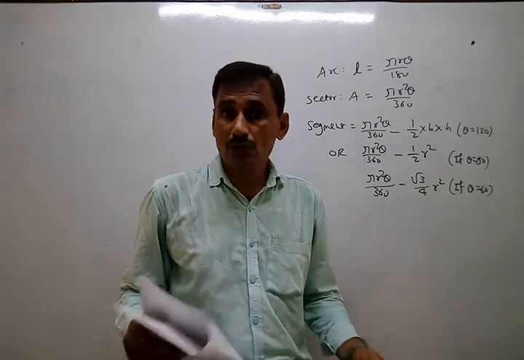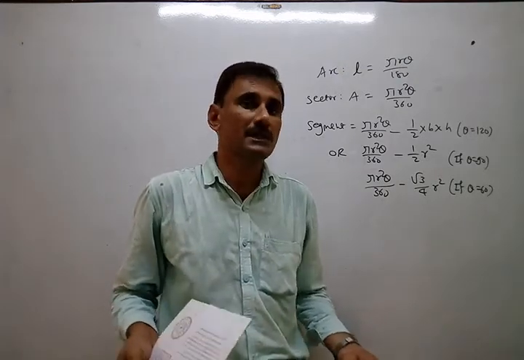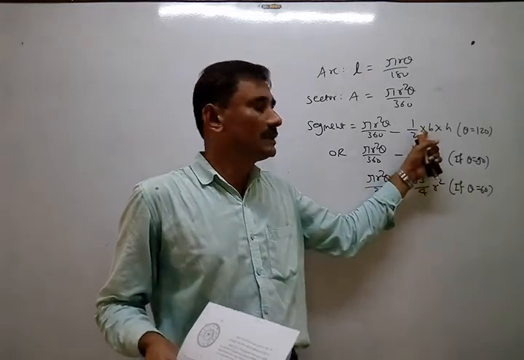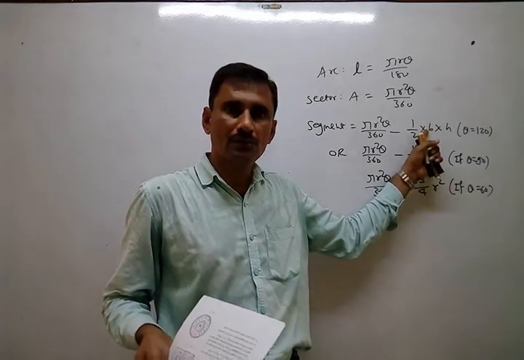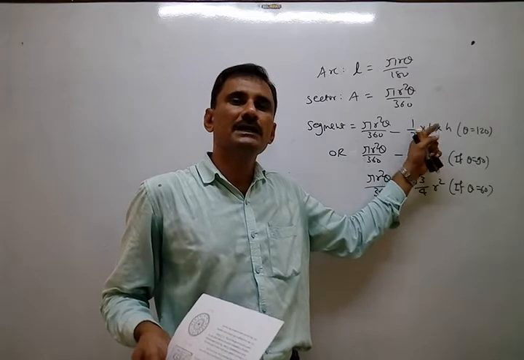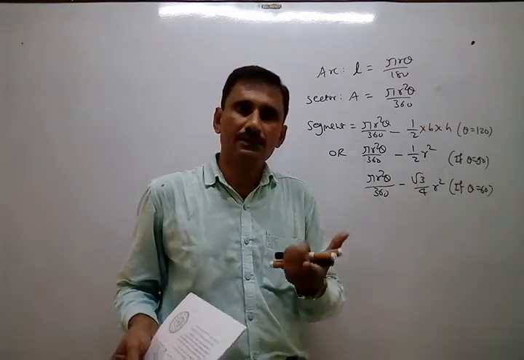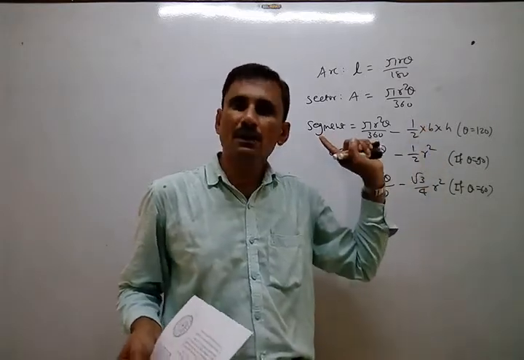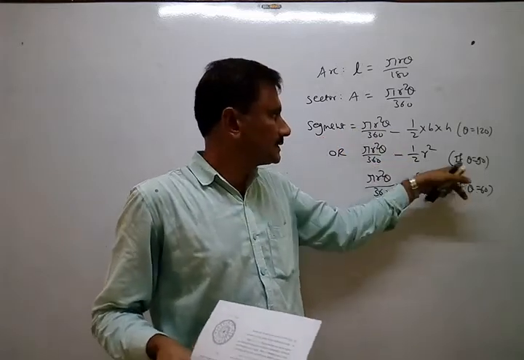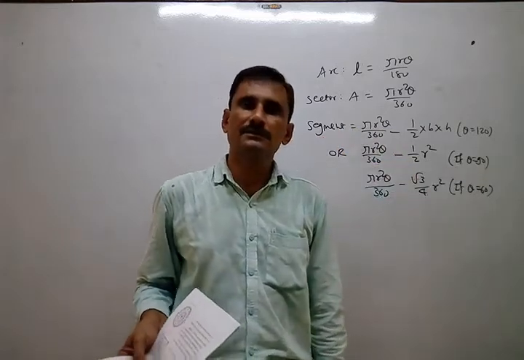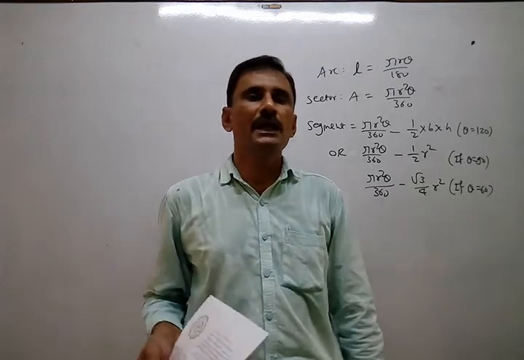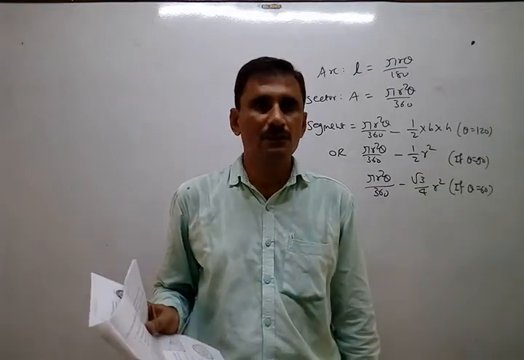You don't know trigonometry because we have not studied that. Otherwise I would explain only the required concept of trigonometry. But right now, just 90 and 60 related sums. Whenever area of segment is asked, we'll do that first.